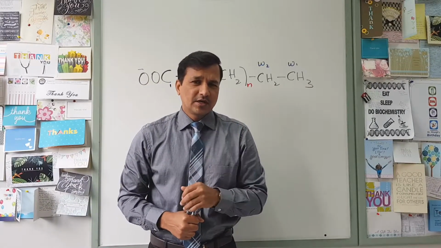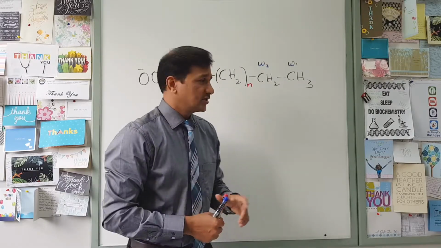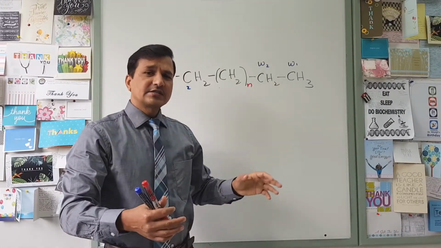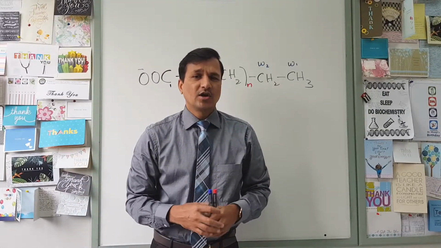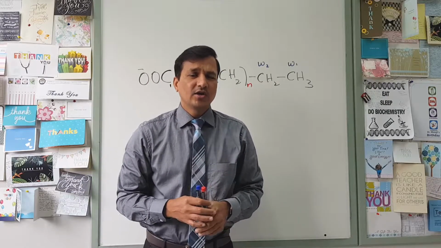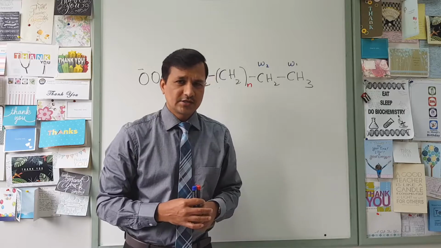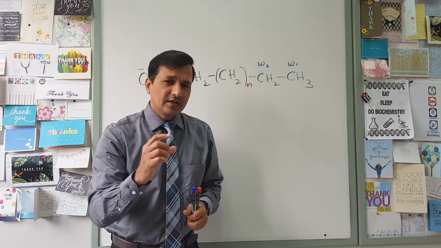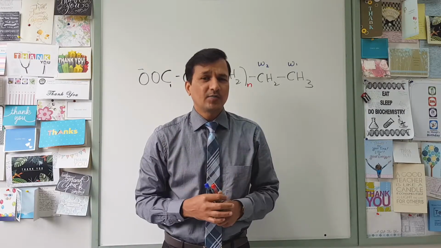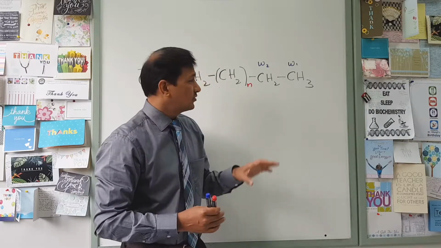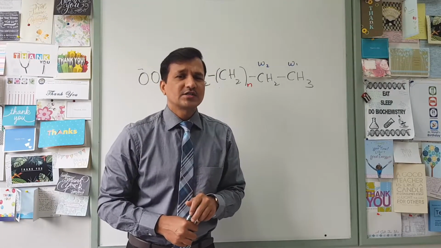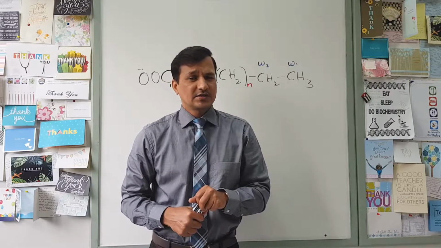In omega oxidation, there will be oxidation of this methyl group here. So where exactly is omega oxidation going on in our cells? Omega oxidation is predominantly going on in the liver and also to a certain extent in the kidney, and in the liver and kidney it is the endoplasmic reticulum, especially smooth endoplasmic reticulum, which will conduct omega oxidation, done by special enzymes called the cytochrome P450 class of enzymes.